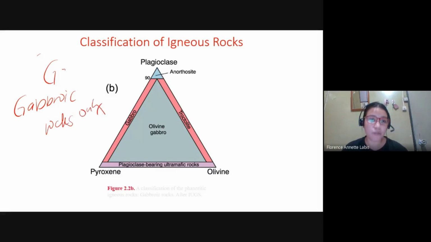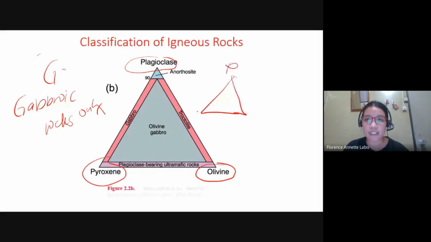So for gabbroic rocks only, you use plagioclase, pyroxene, and olivine. But if you try searching online, there are some ternary diagrams whose components are not only these. We also have plagioclase, PLG, OPX, and CPX.